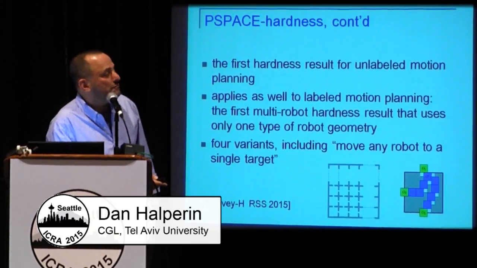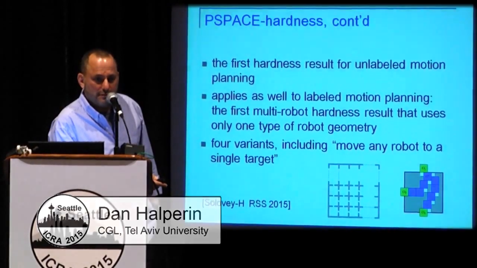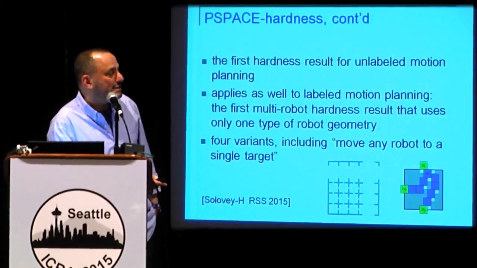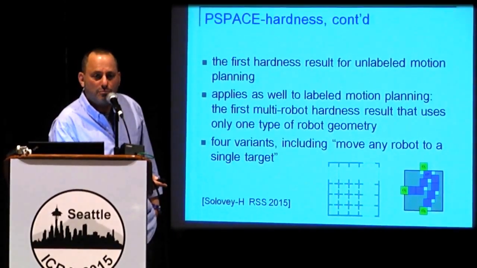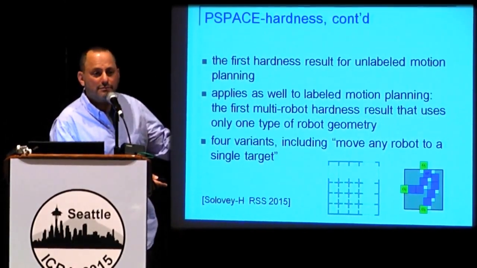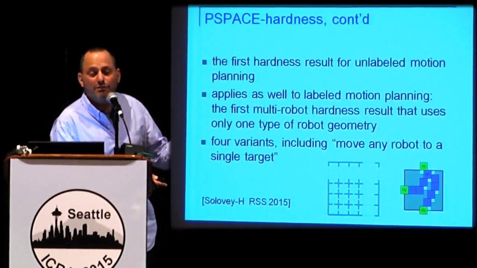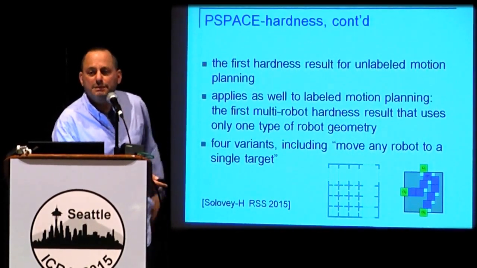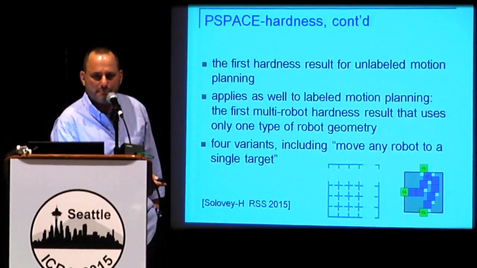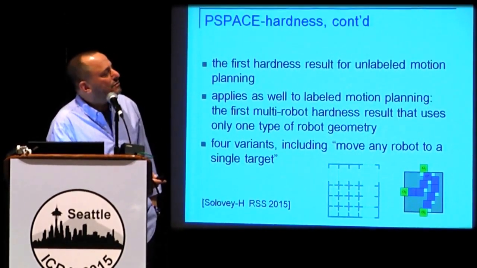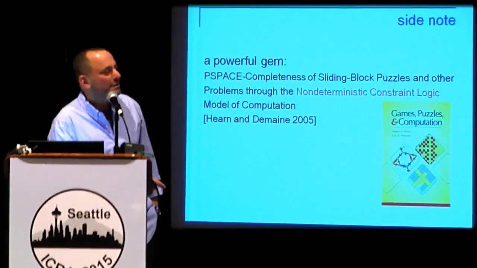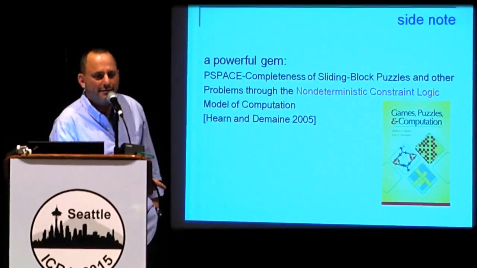We prove hardness for 4 different variants of the unlabeled motion planning, and one of them is: I give you m identical robots, I give you one target, and I ask you to move any robot that you wish to this target. Even this problem is PSPACE-hard. And behind the scenes is a beautiful result by Hearn and Demaine.